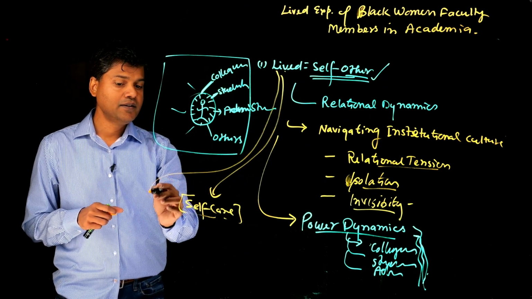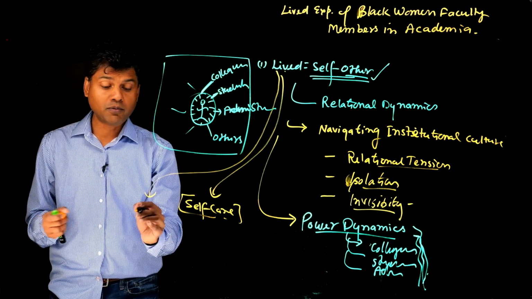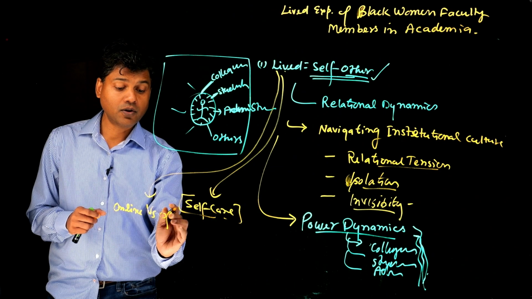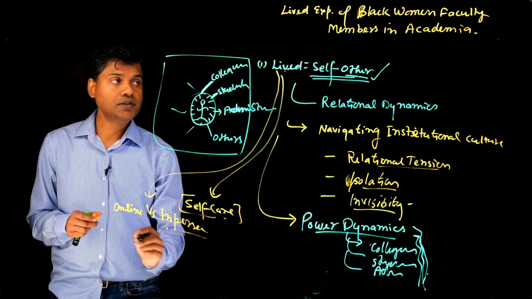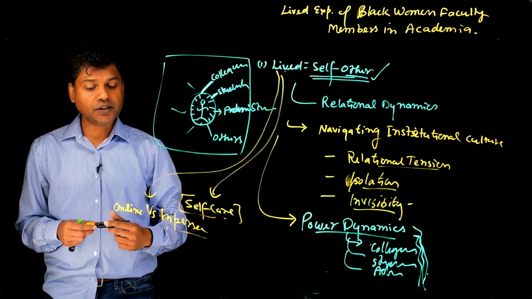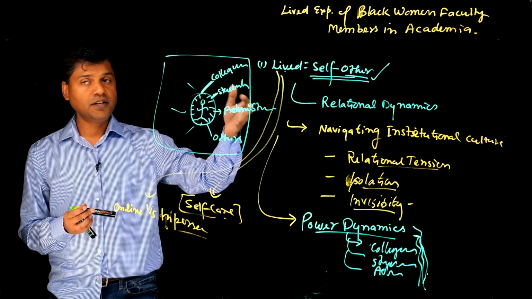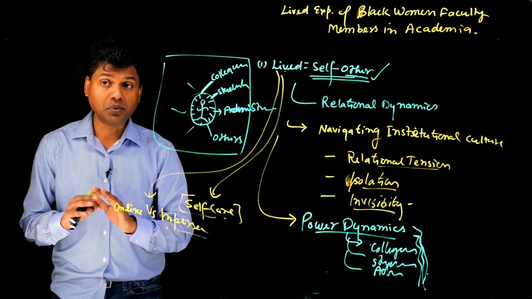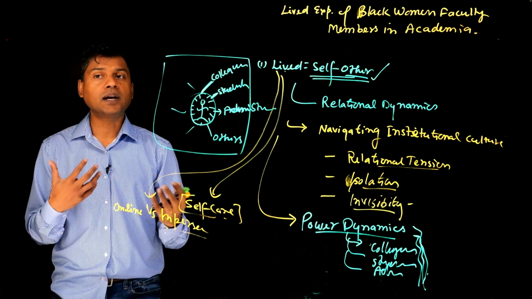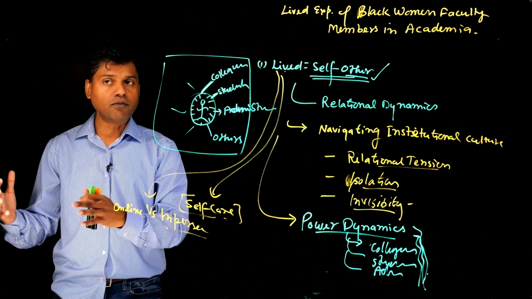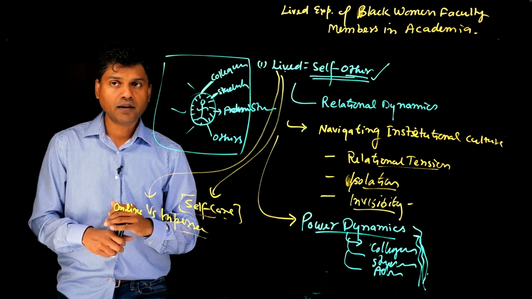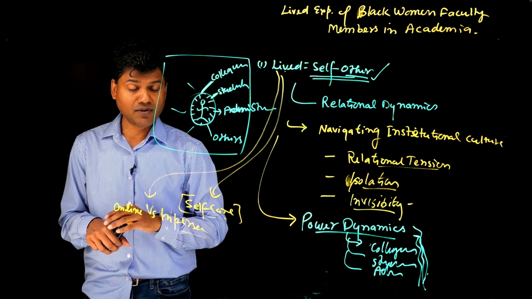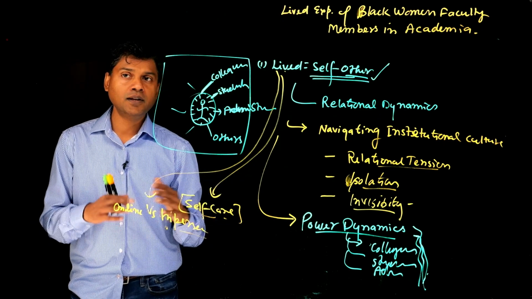This can help me understand, like what we talked about previously, online versus offline or in person, how these Black women faculty members are experiencing the experience of self and other in the context of when they are teaching classes which are completely online, or when they are teaching classes which have a component of offline and online, like synchronous Zoom meetings, and also classes which are completely in person, or some classes which are hybrid in model.